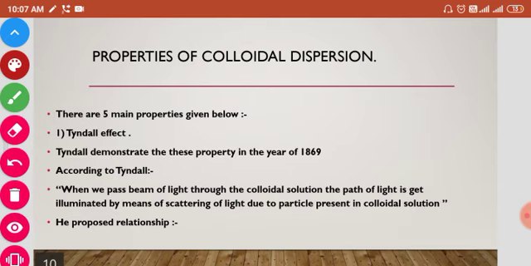According to Tyndall, when we pass a beam of light through a colloidal solution, the path of light is illuminated by the scattering of light. Scattering of light occurs due to the presence of dispersed phase particles in the colloidal solution.